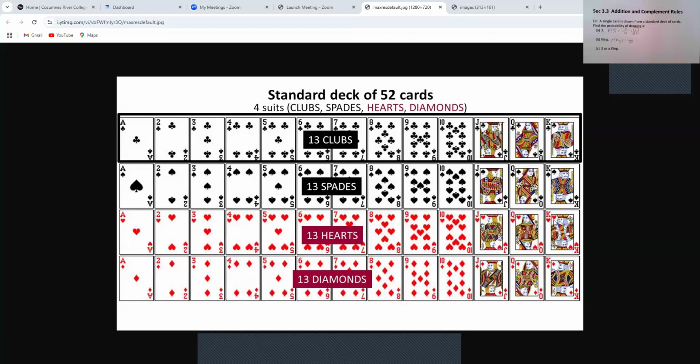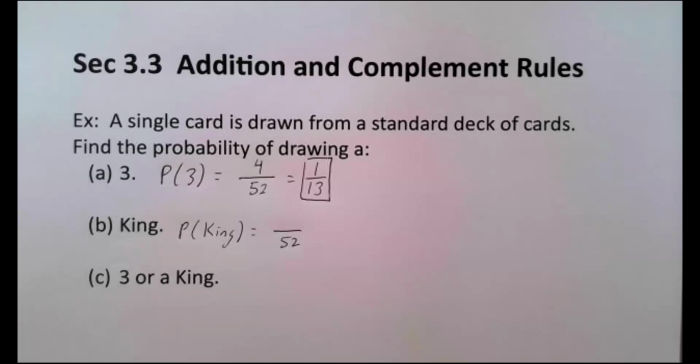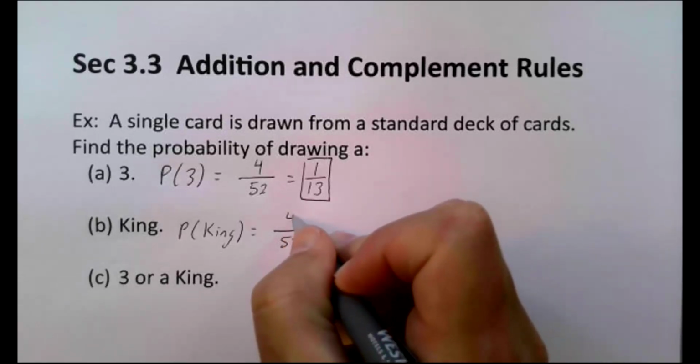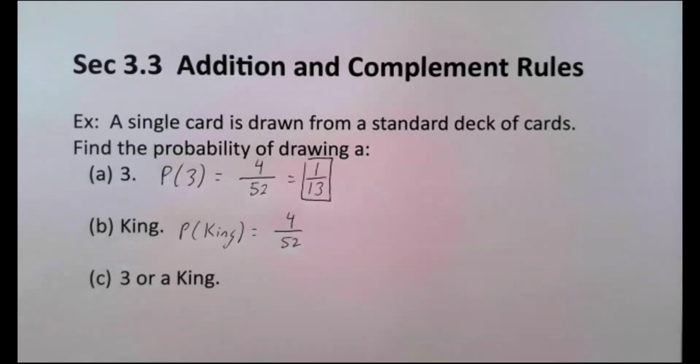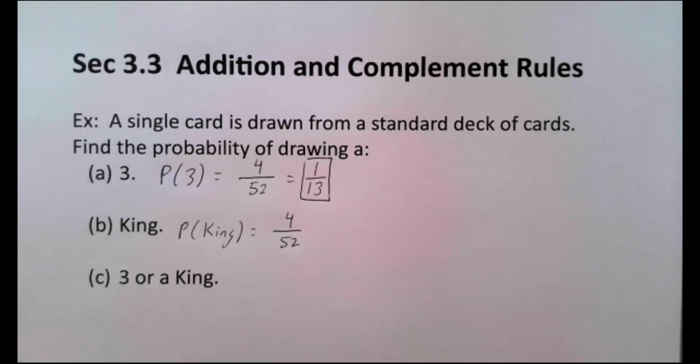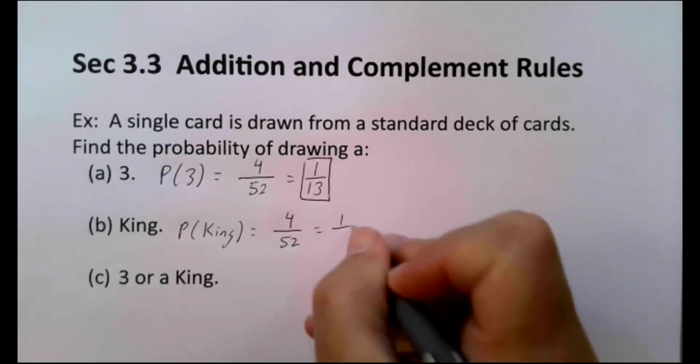Look at the 4 on the far right. Those are the kings. There is a 4 out of 52 chance you would get a king if you randomly drew a card out of a deck. 4 out of 52. Same answer as part A, right? That reduces, of course, to 1/13.